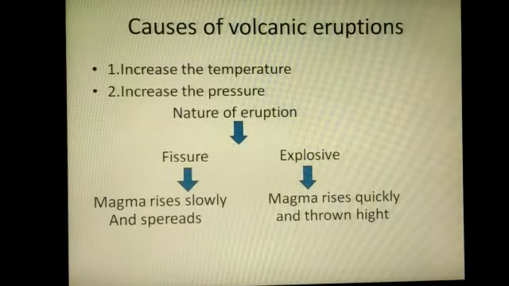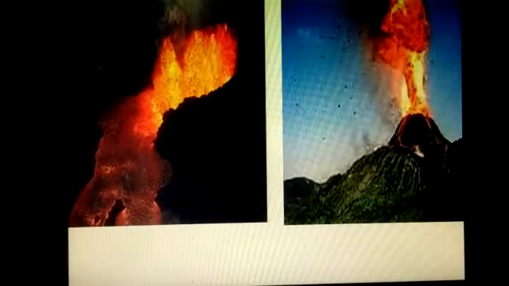Here we can see the magma rise slowly and there is no explosion. The next one is the explosive eruption. In this case, the magma rises quickly to the surface and lava is thrown into the atmosphere along with steam, gases and pieces of rocks.